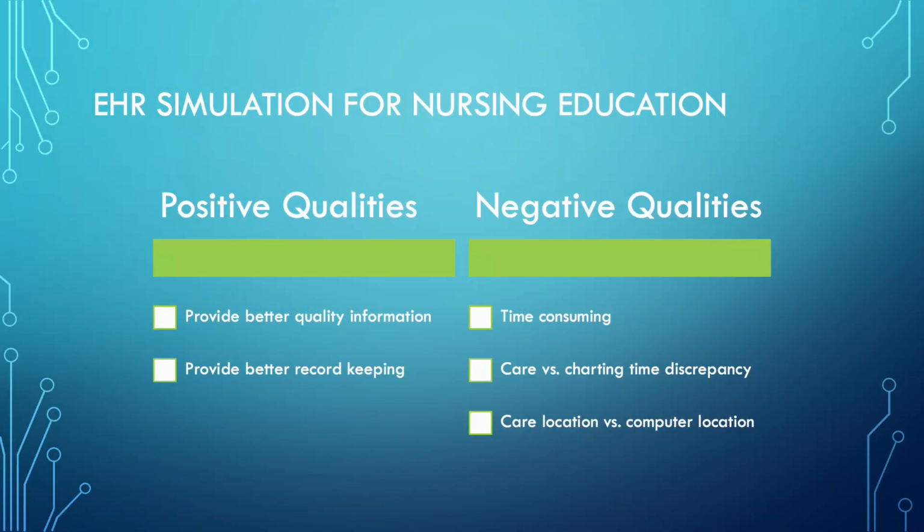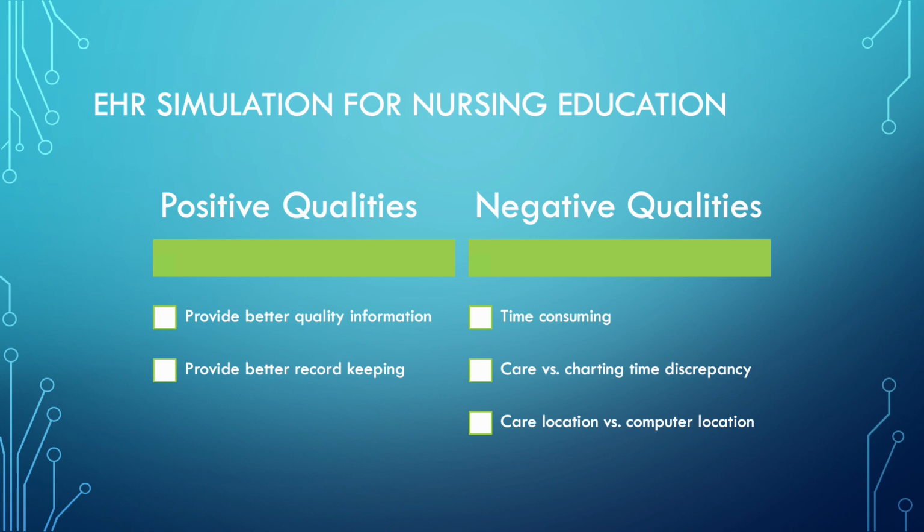In a very small study of nursing students, it was found that there were some positive qualities for having electronic health record simulations in nursing education, and there were some negative qualities as well.